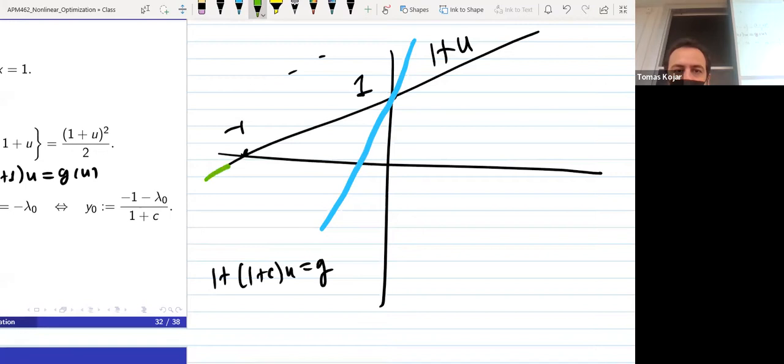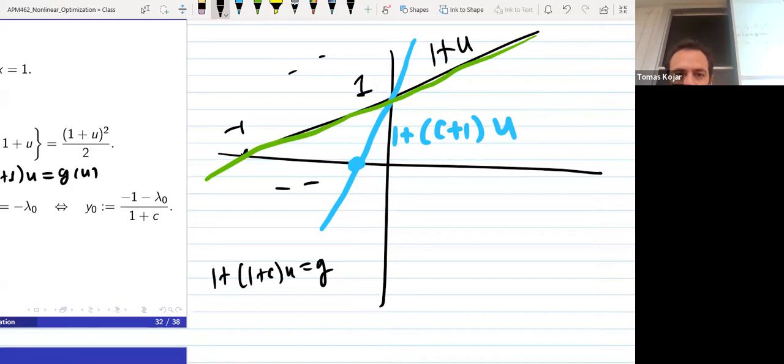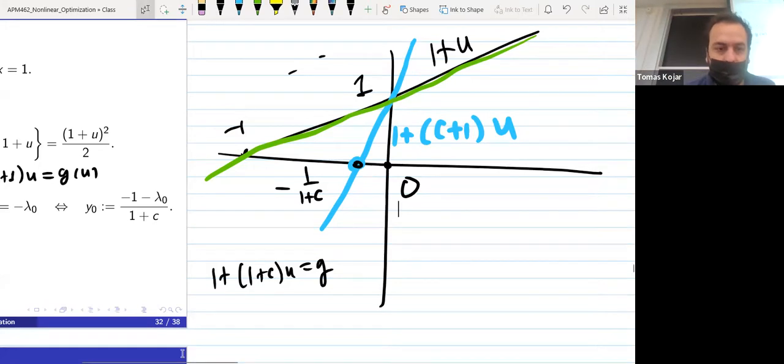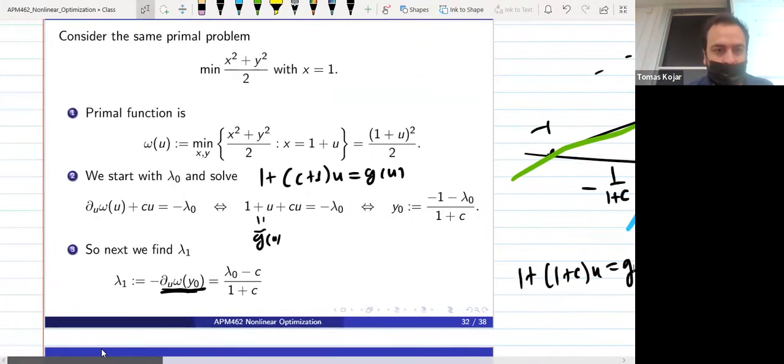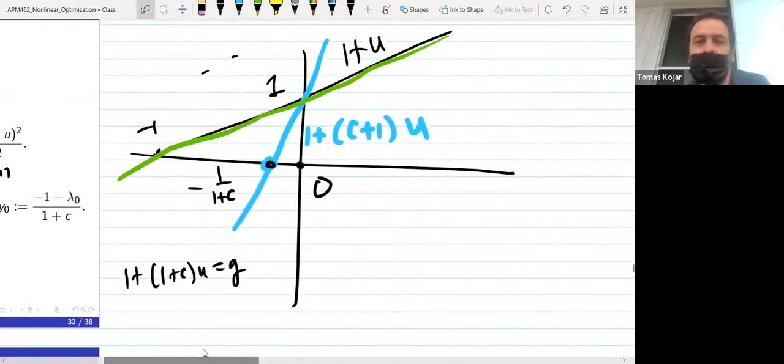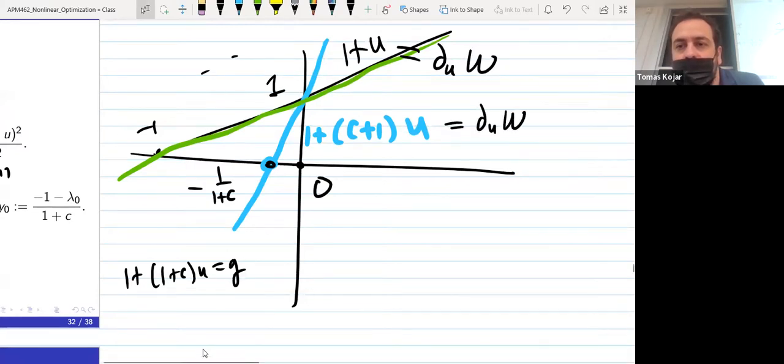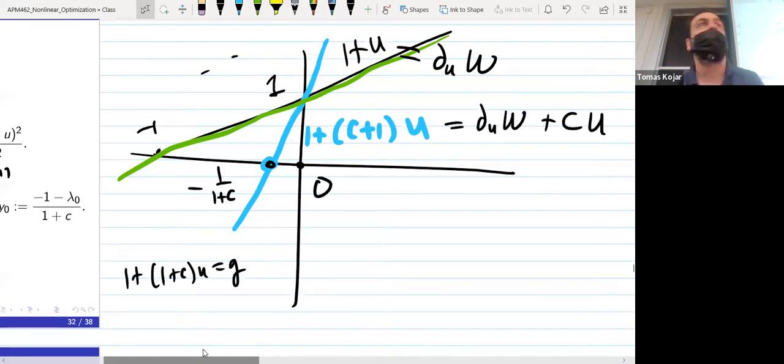So the blue guy is 1 plus c plus 1 u, and this intercept is -1 plus c. Anyhow, the point is how this algorithm works. This is the gradient of omega, and this is the gradient of omega, but then you also have your penalty.